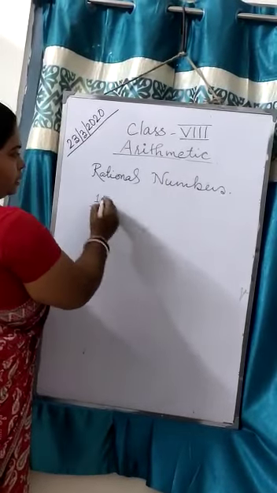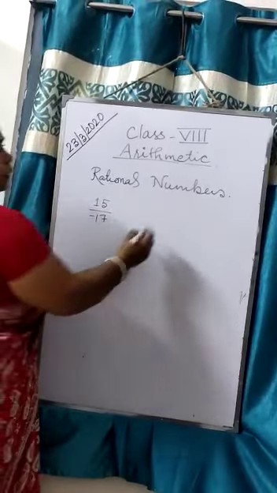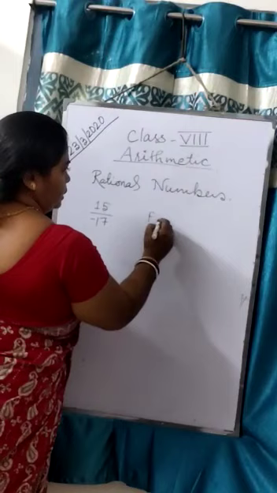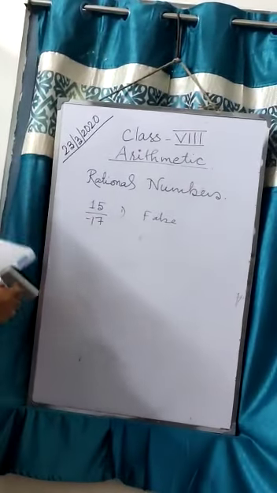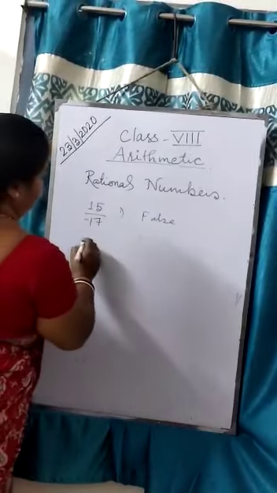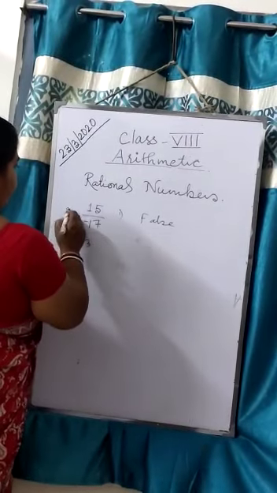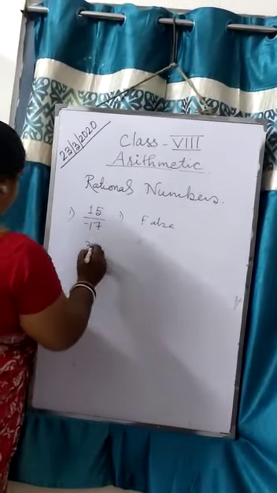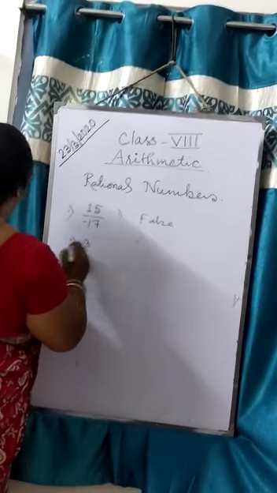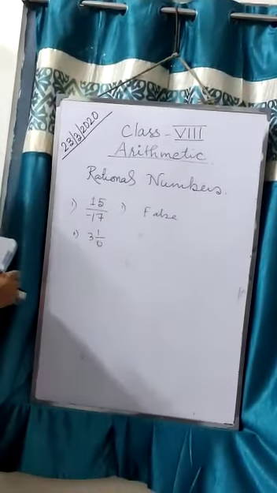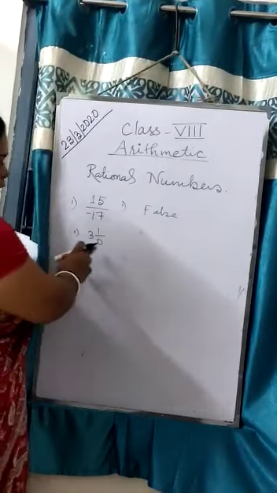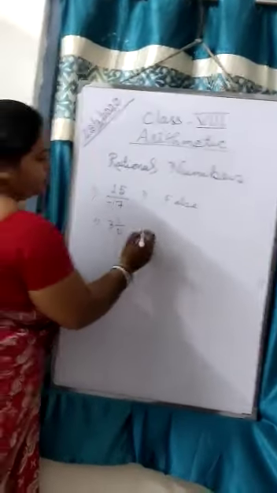No, it is not. It is a rational number. So, answer is false. Second: 3 whole one by 0 is not a rational number. Yes, true. It is not a rational number as the denominator is 0.